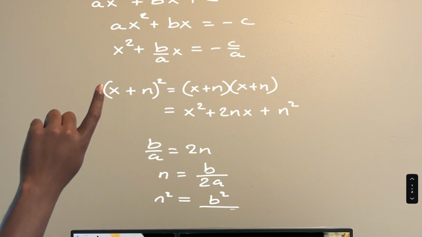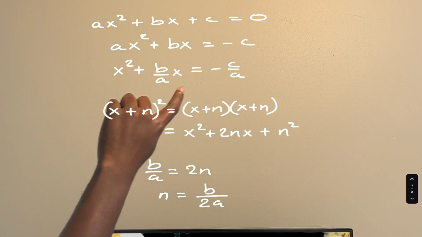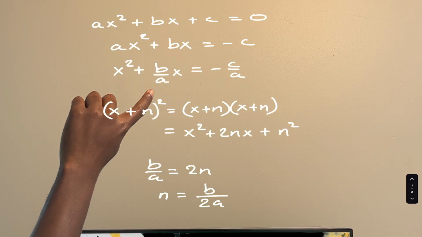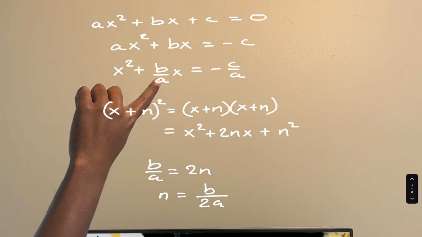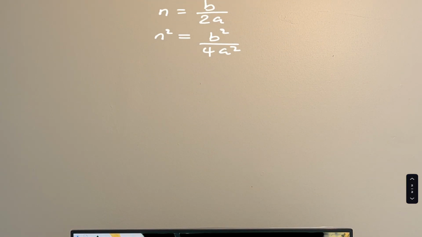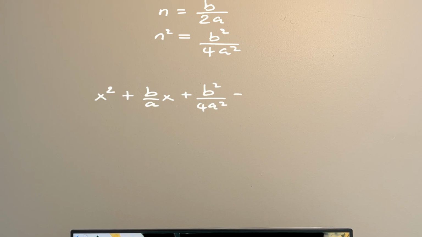Now that we have our n squared, we can add it to this side of the expression to be able to expand into this form. And when we add to this side, we add to that side. So now we have x squared plus b over a times x plus b squared over 4a squared equal to negative c over a plus b squared over 4a squared.